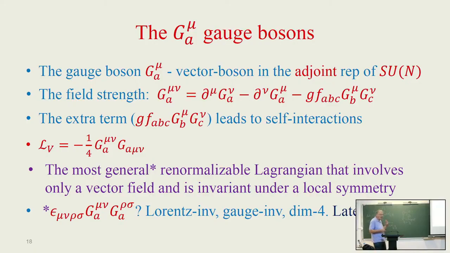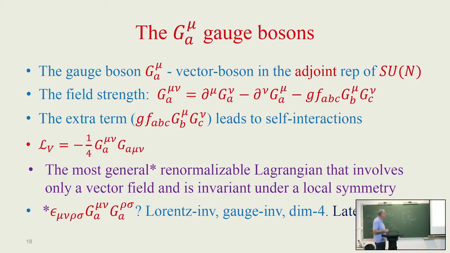This extra term relates to this additional thing in the transformation law of the SUN gauge bosons. And now this is what we can add. This and only this is the allowed term, which is both Poincare invariant or Lorentz invariant if you want, and invariant under the SUN local symmetry. No other terms here.